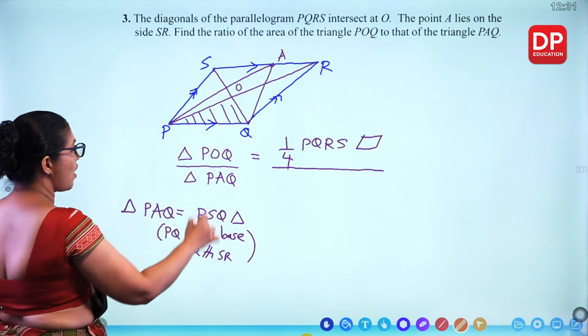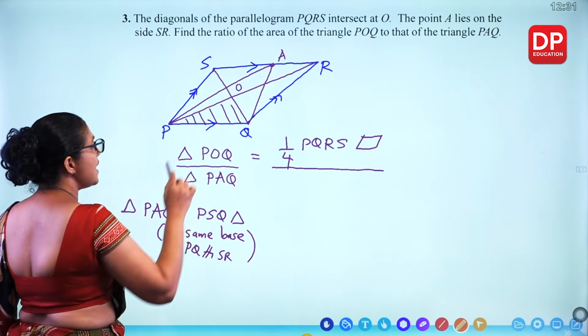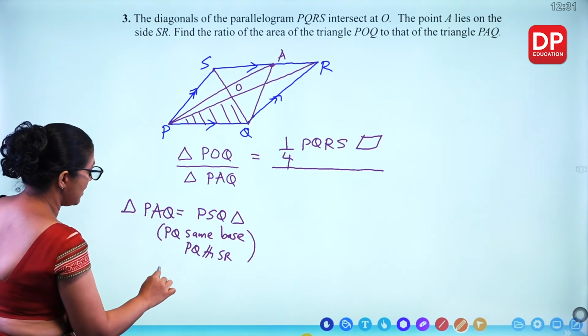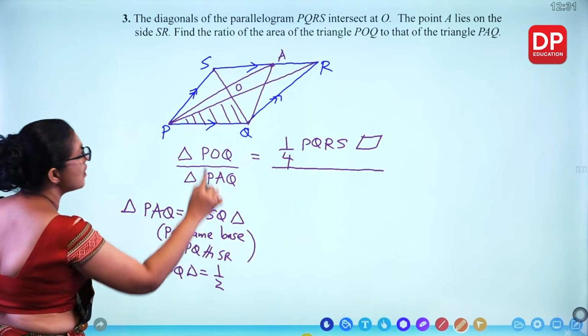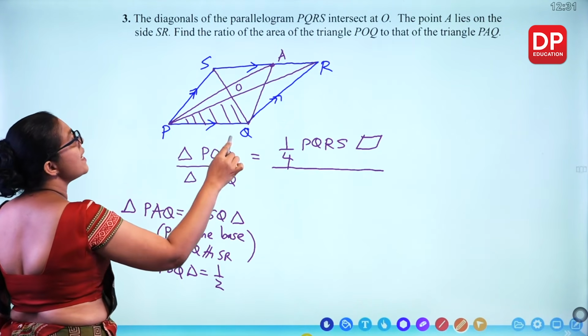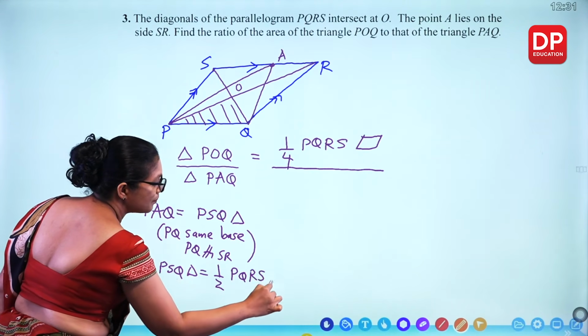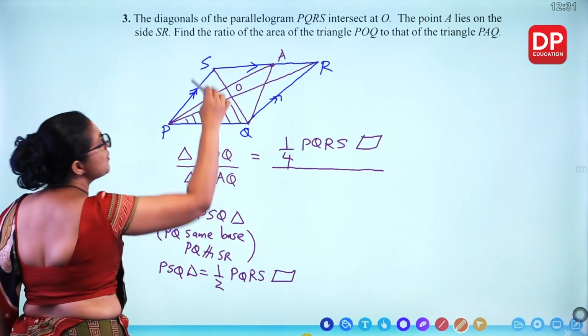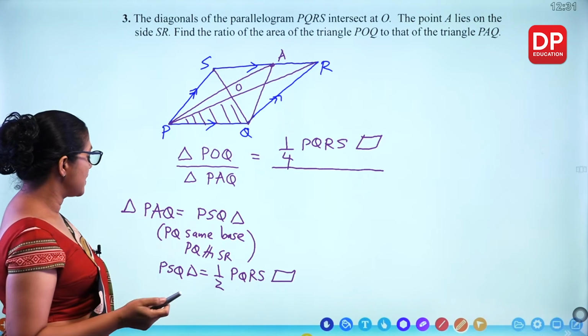So these two are equal, and also we know that PSQ triangle is half of PQRS parallelogram. Why? Because this is the diagonal and equally divides it into two parts.